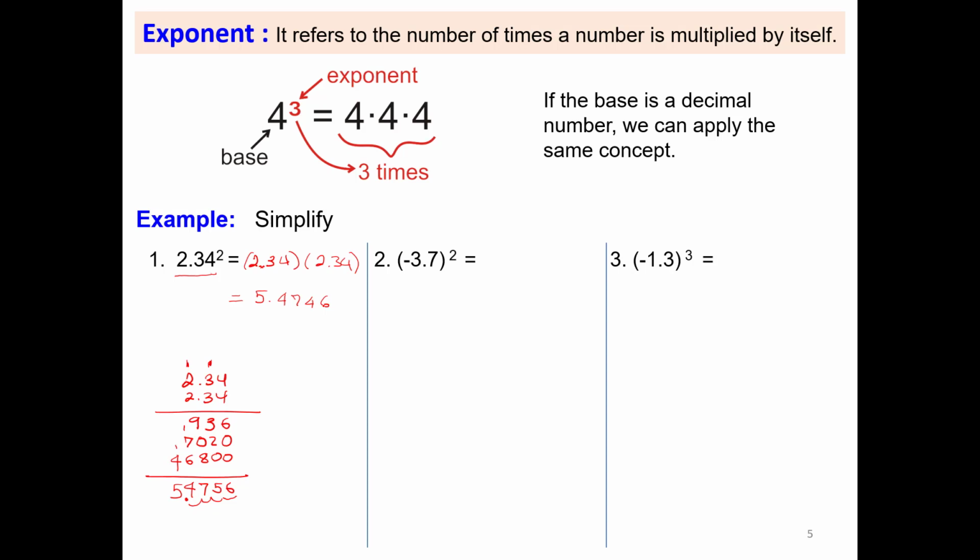Now let's solve the next problem, number 2. We had negative 3.77 to the second power. In this case, the base is negative.